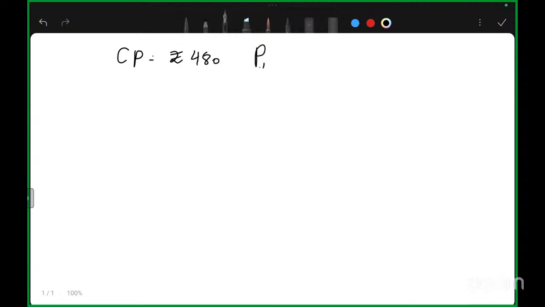Profit is 37.5%. Find the selling price. Solve this, please.